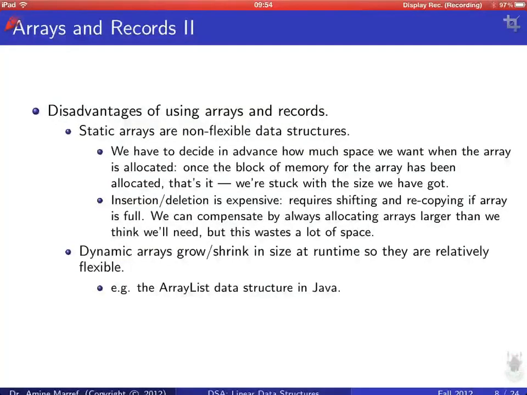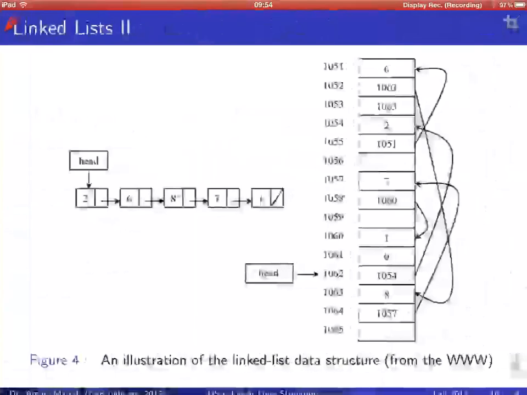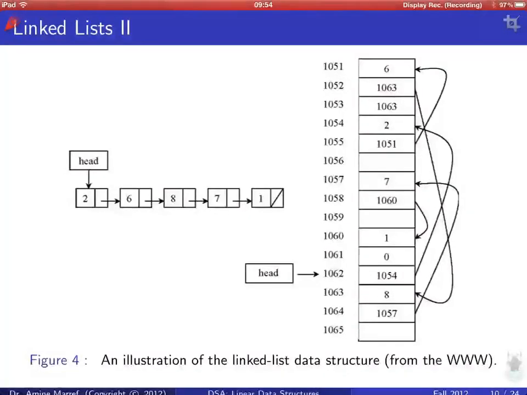We cannot compute the address. For the array, it's very easy. We just add the index to the start address of the array, and we know the address in main memory where the element C is stored. But in the linked list, where is the address of C? Where is it stored?